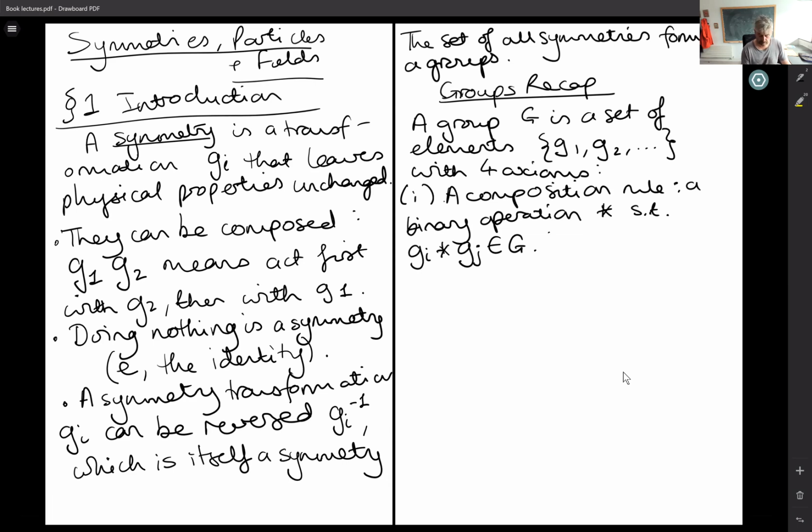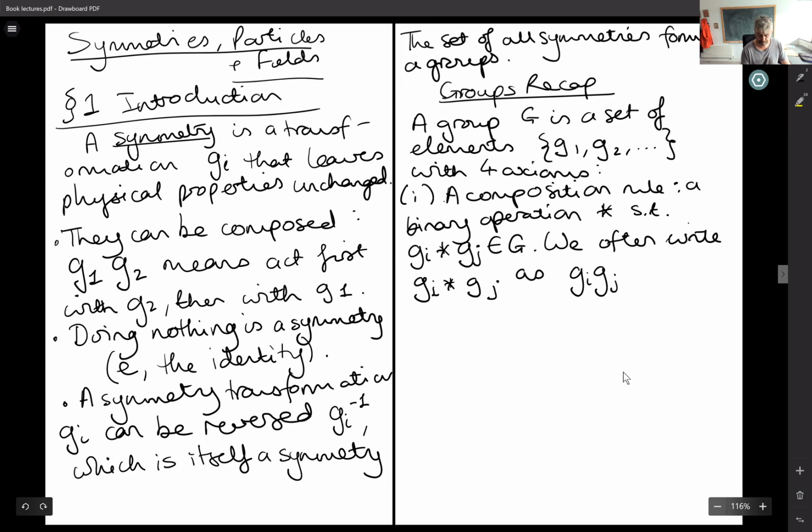So we shall often write g_i star g_j as just g_i g_j. In other words, we'll often omit the star. This means, for example, in the triangle case, you could rotate by 120 degrees and then do it again.